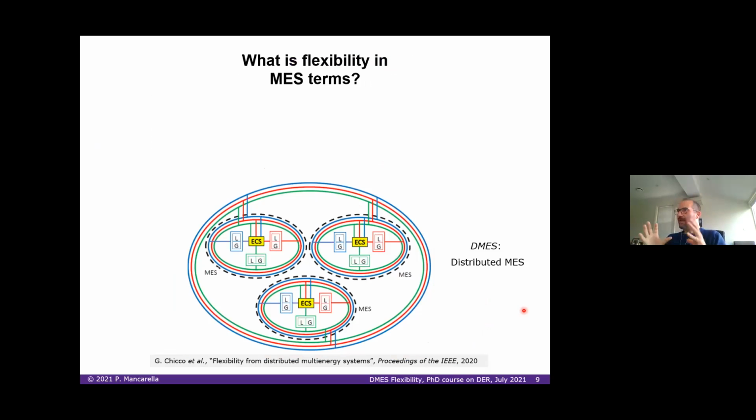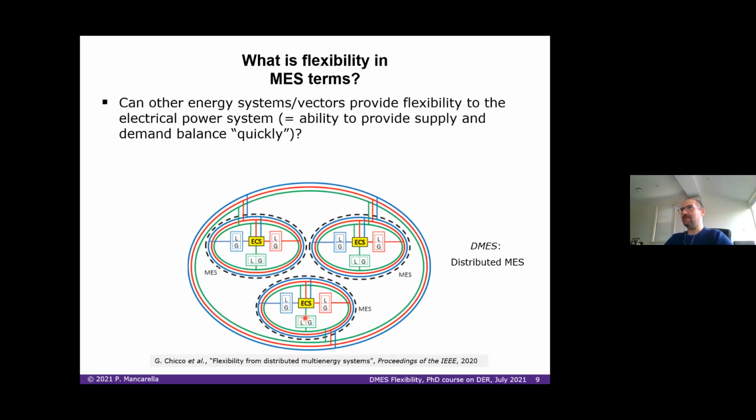So the modeling is based on this idea that, as we did before, there are basically aggregations of resources that now become multi-energy, and we have distributed multi-energy systems that somehow are, again, multi-energy aggregates. And once I look at these multi-energy aggregates and the fact that the electricity is coupled physically, therefore it could also be coupled operationally in an intelligent way.